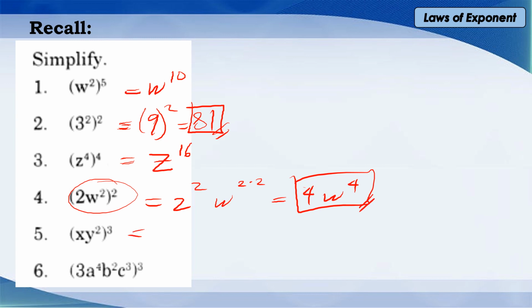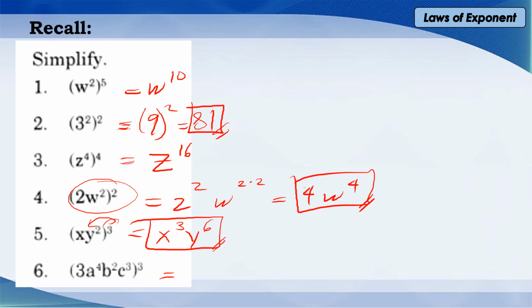Next, we have x, y squared, quantity raised to 3. We have x cubed. Ito, magkakaroon yun. Tapos ito, magkakaroon. We have 2 times 3, 6. Y raised to 6. Next, number 6, we have 3a raised to 4, b squared, c cubed, quantity raised to 3.